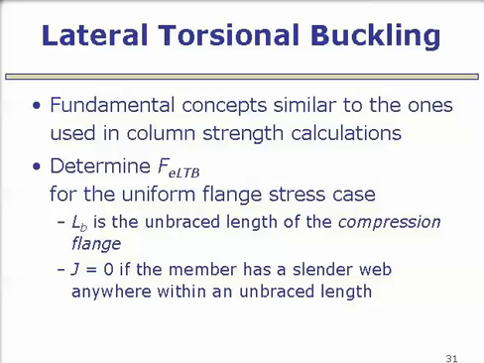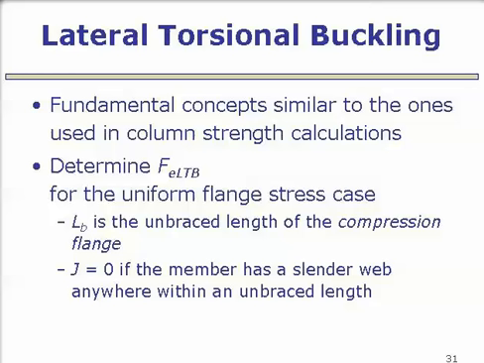For lateral torsional buckling, we have to look at fundamental concepts similar to the ones used in the column strength calculation, because lateral torsional buckling involves the boundary conditions and the applied loading. We determine the elastic LTB stress for the uniform flange stress case for the given web-tapered members.